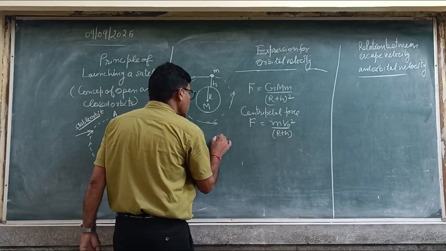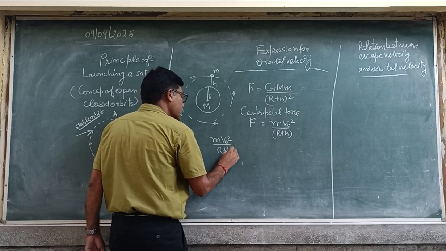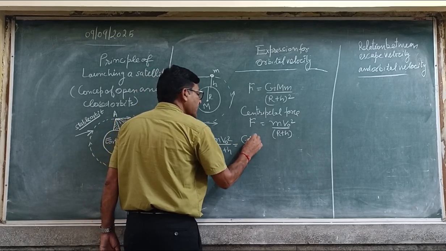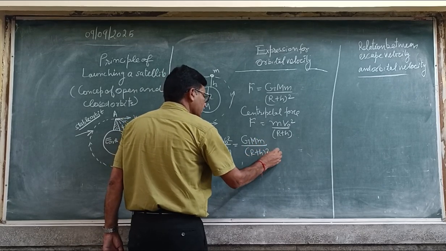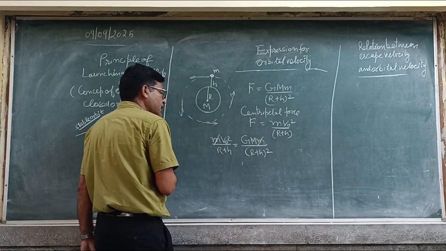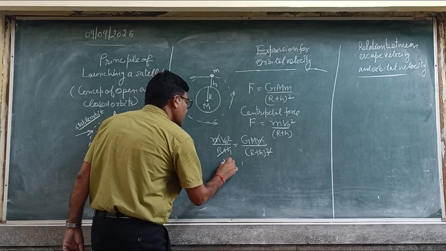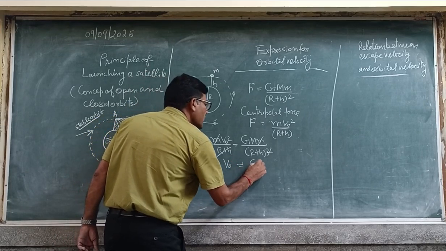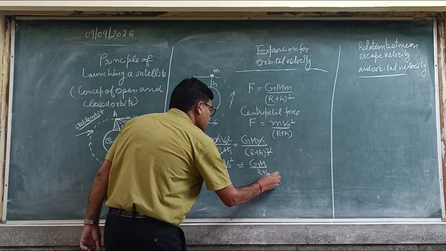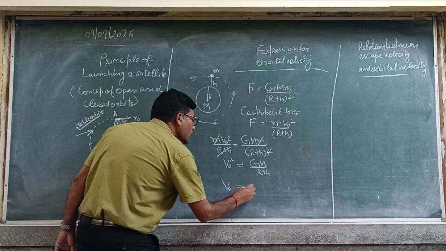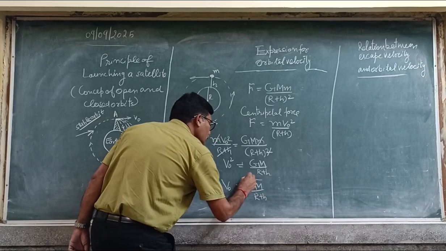So equating these two, m v naught square upon R plus H is equal to G M m upon (R plus H) whole square. This small m cancels out, R plus H cancels, so you are left with v naught square is equal to G M upon R plus H. Now v naught is equal to root of G M upon R plus H.